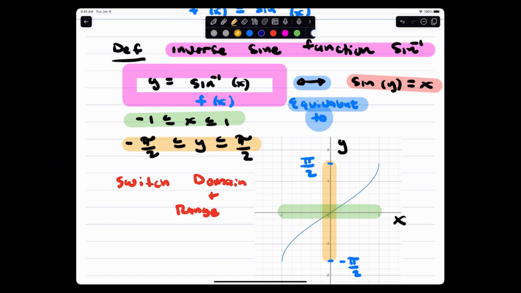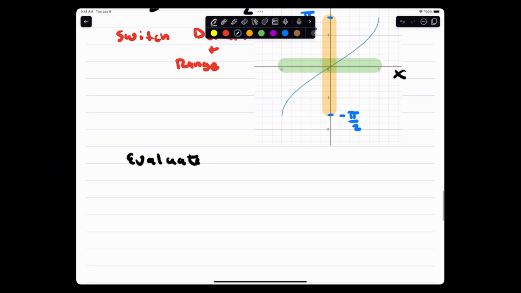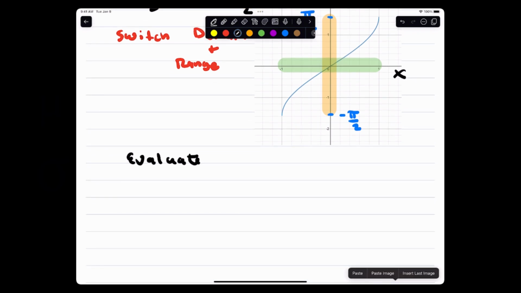So now you might say, how do we use this? Right? So here's our inverse function. Okay, what do we do now? How do we use this? They're going to now tell you guys, evaluate. Huh? What's that? They're going to say, evaluate something like this.